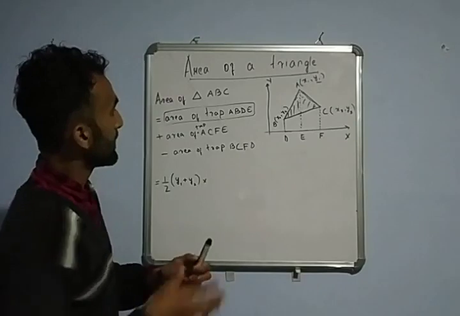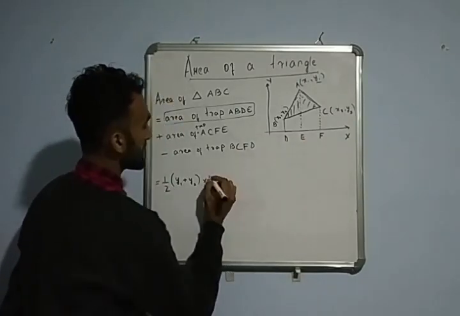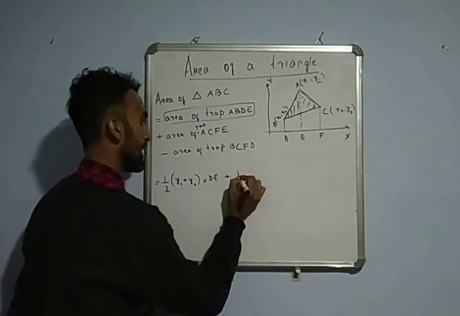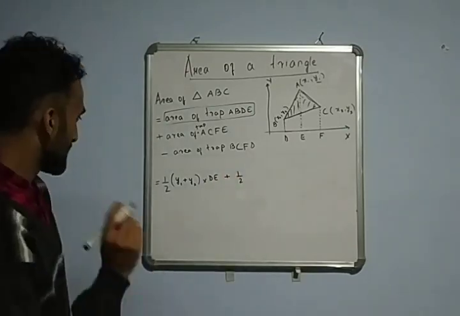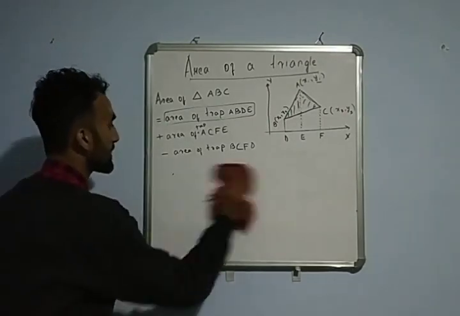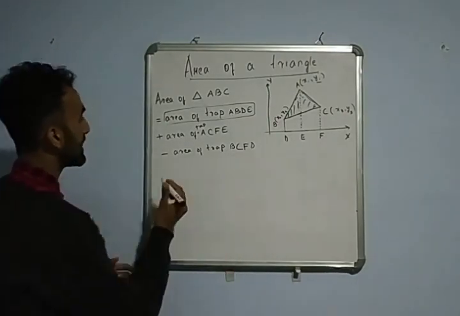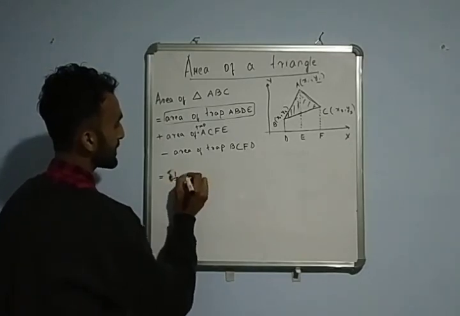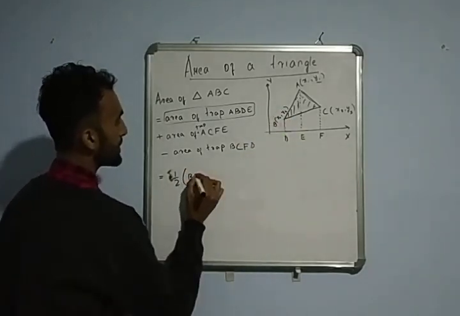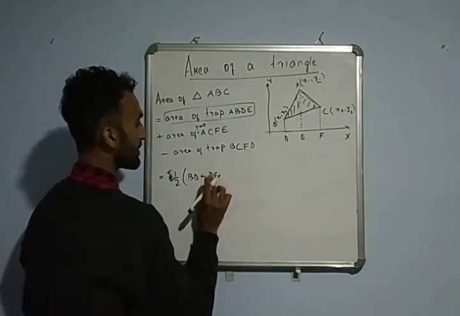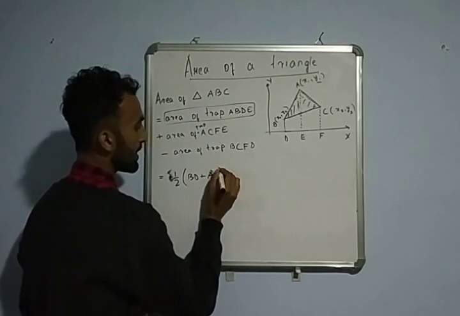Now check here. DE is the height. So let me write here. Instead of writing y1, y2, I'll write down in letters first. Later on we'll see. Half sum of the parallel sides BD plus AE into height.